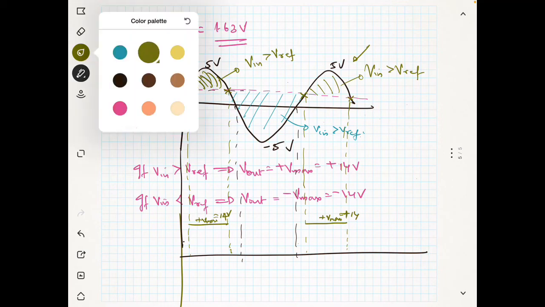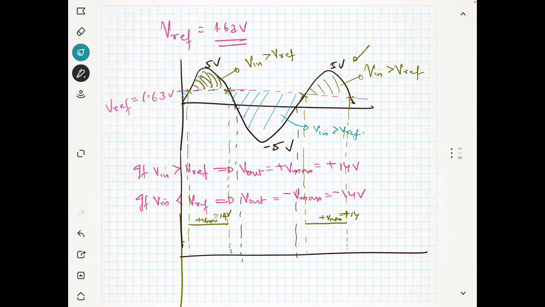Now the remaining portions, the output is minus V max, which is nothing but minus 14 volt, and here also it is going like this.